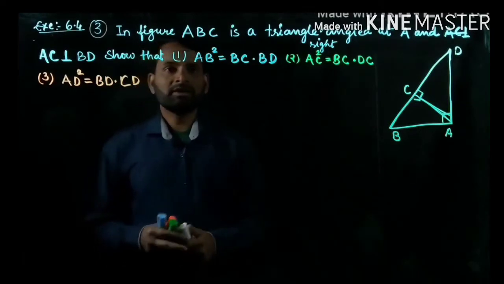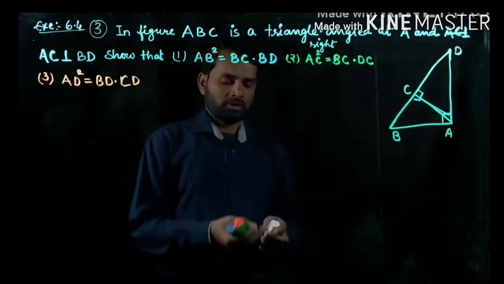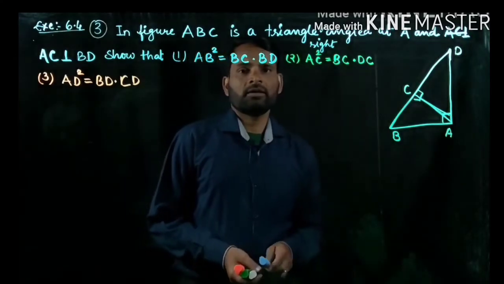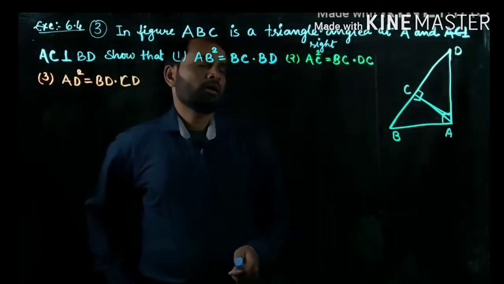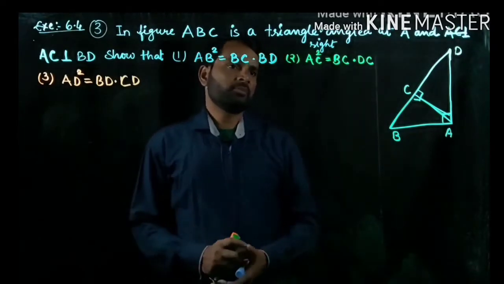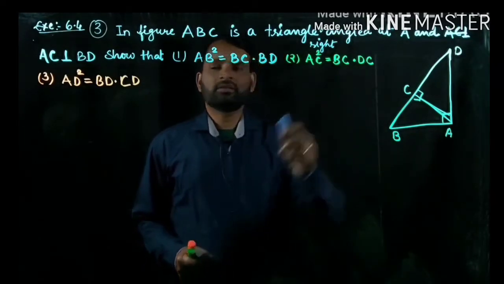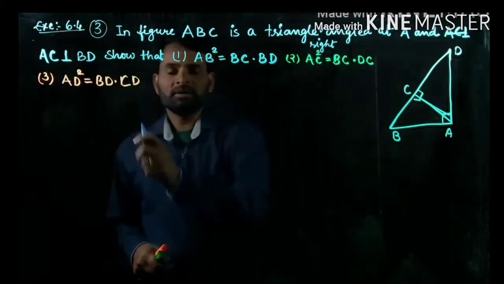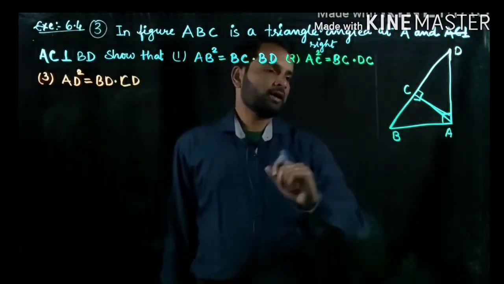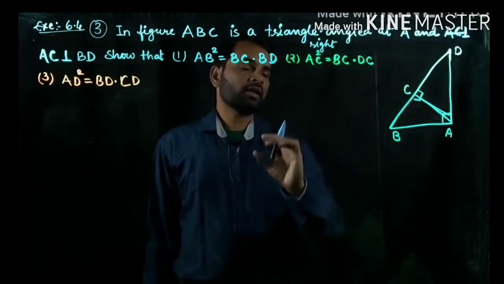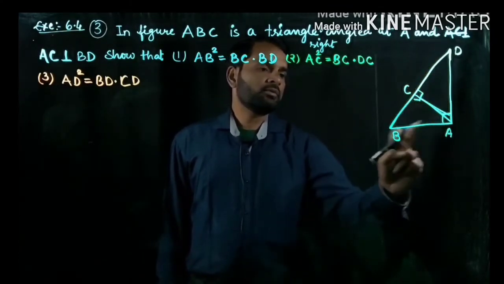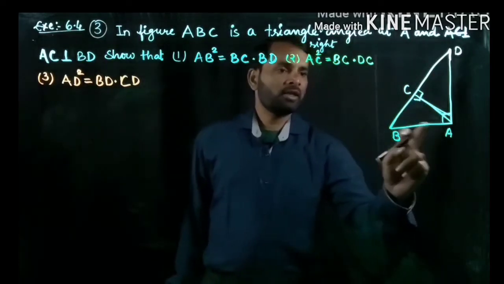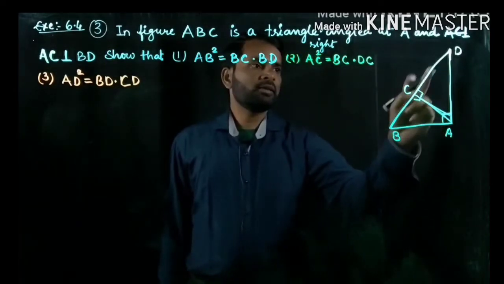Show that AB square is equal to BC into BD, and AC square is equal to BC into DC, and third AD square is equal to BD into CD. So this is the given diagram. In this diagram there are three right angle triangles: first ABD, second ABC, and third ACD.